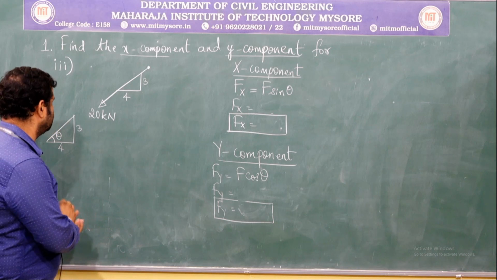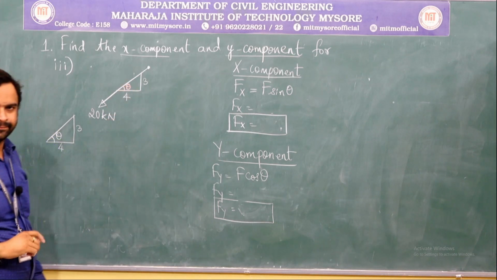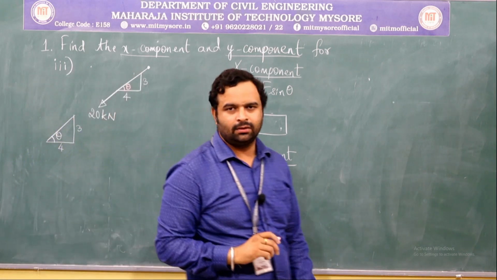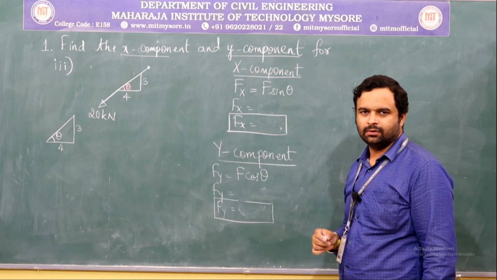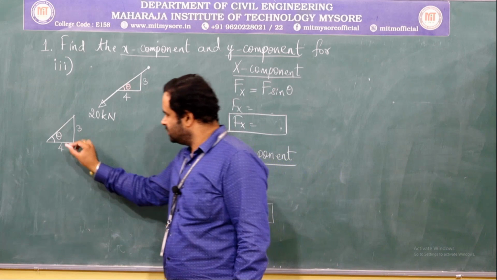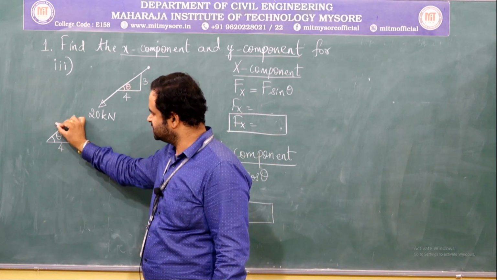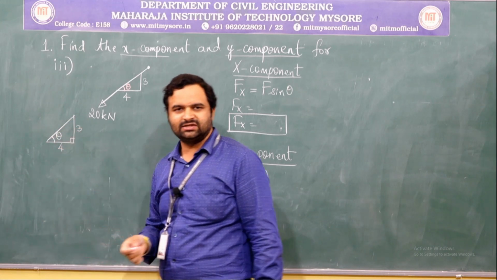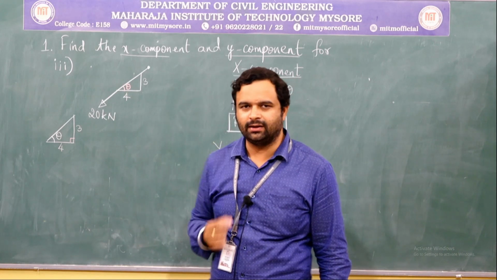Now, can you determine the angle of inclination theta? See, this is theta, this is 90 degrees and this is the hypotenuse. Opposite and adjacent sides are known, so you can easily use which trigonometric function? Tan.